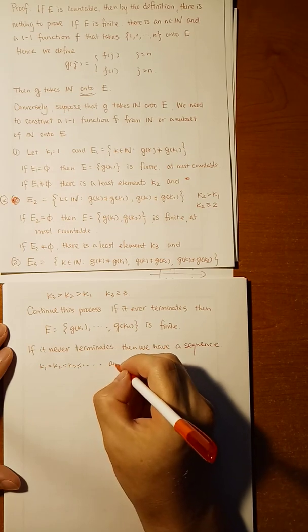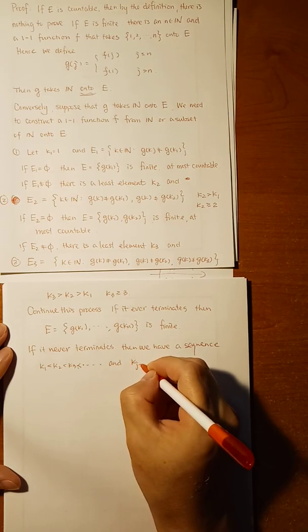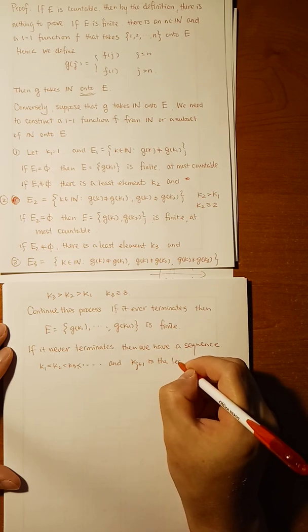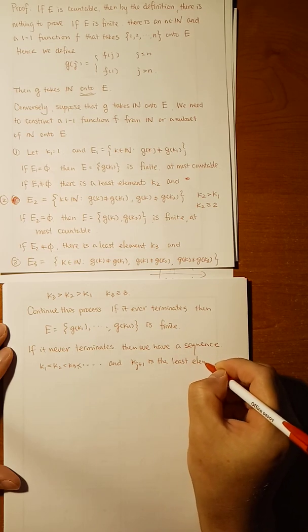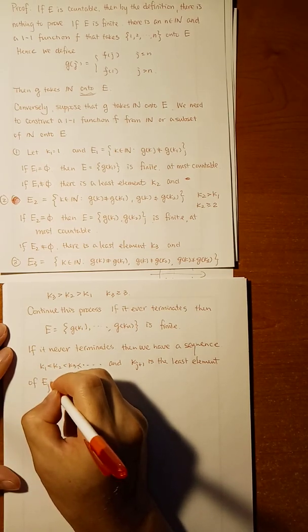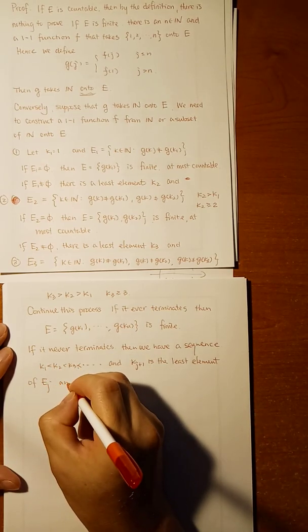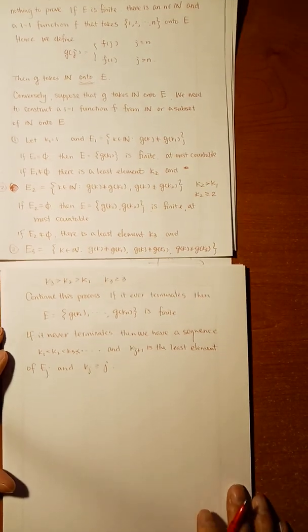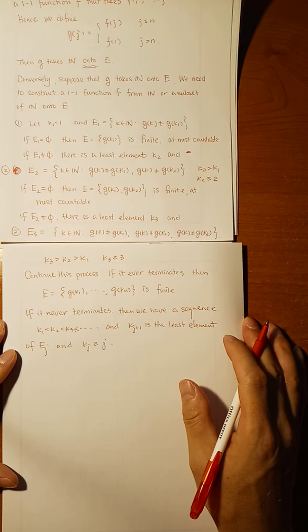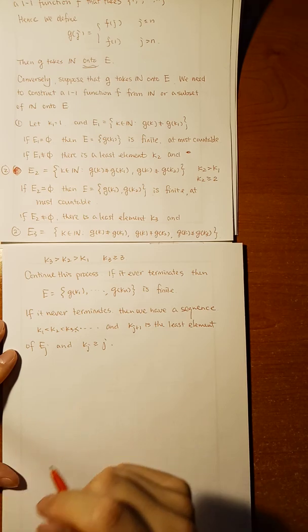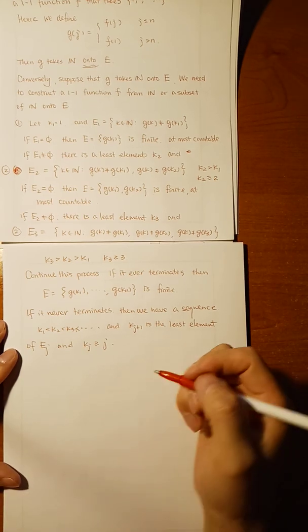And K(j+1) is the least element of Ej, and Kj is greater than or equal to j. Okay, so let's do the construction.